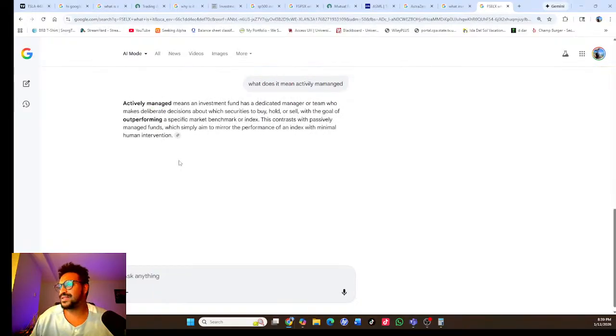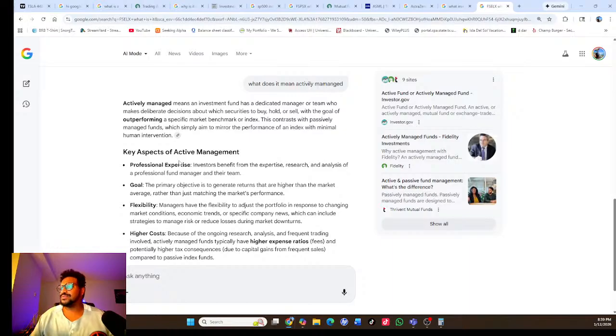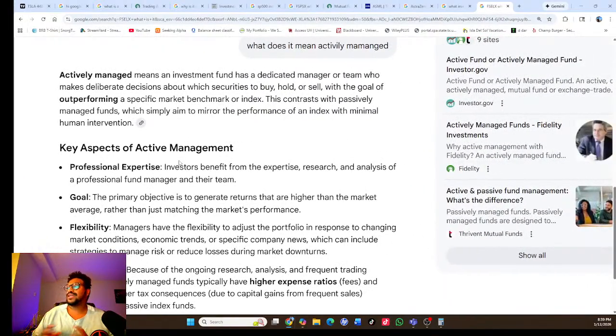Actively managed means an investment fund has a dedicated manager or team who makes deliberate decisions about which securities, okay, that's another word, securities, aka stock in this case, to buy, hold, or sell with the goal of outperforming a market benchmark or index.